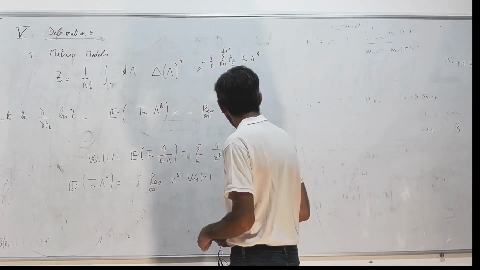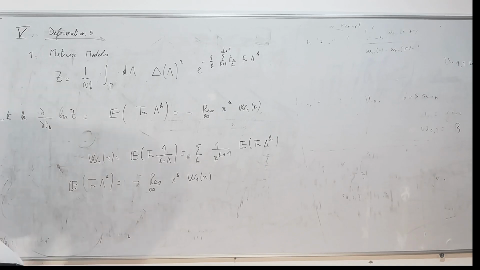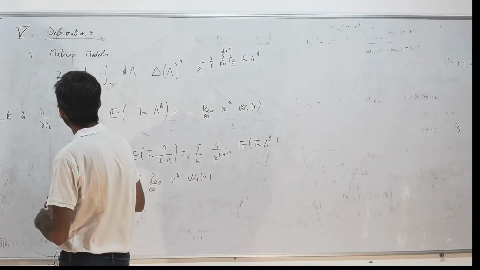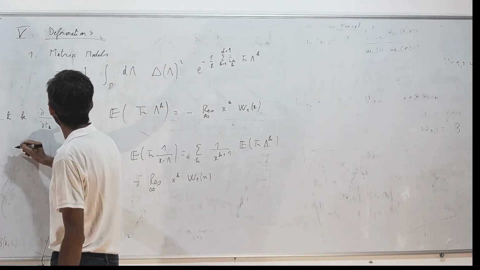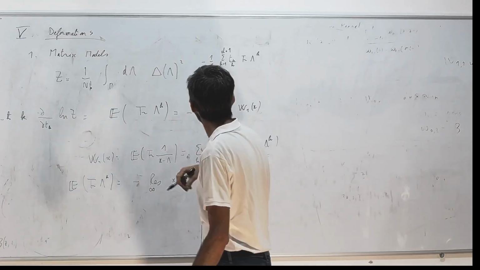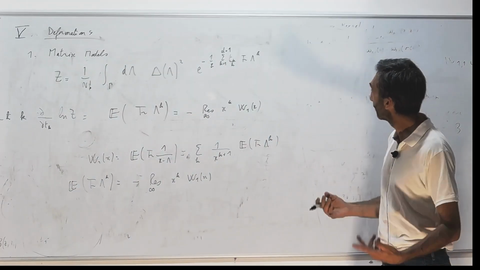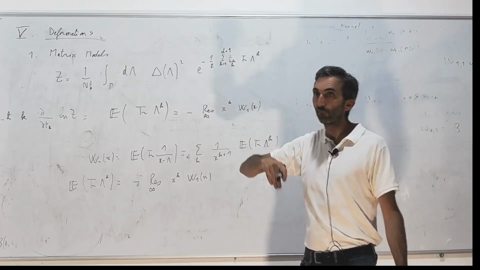I will repeat this. Now I will take the second derivative and so on. In fact, let me just say that instead of acting on log z, now let me act on W1. W1 is a normalized expectation value, so it contains the denominator 1 over z.